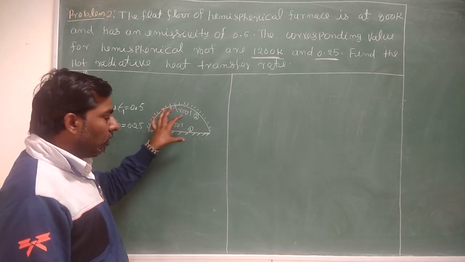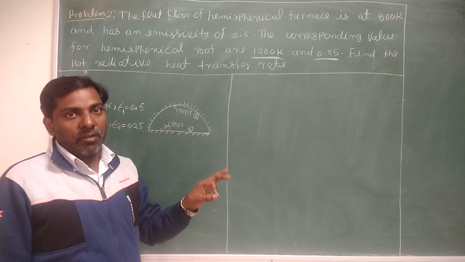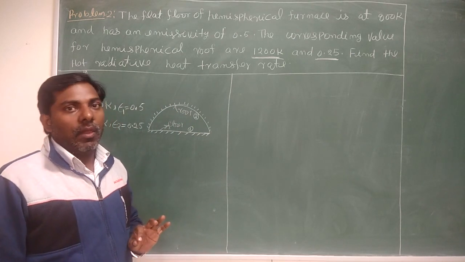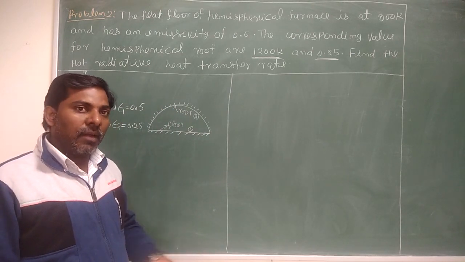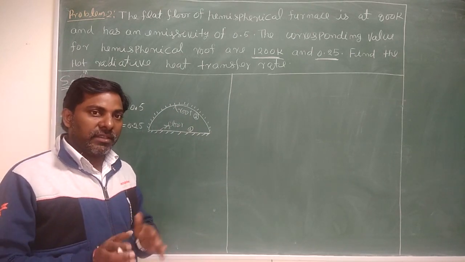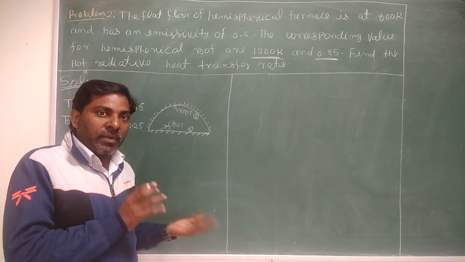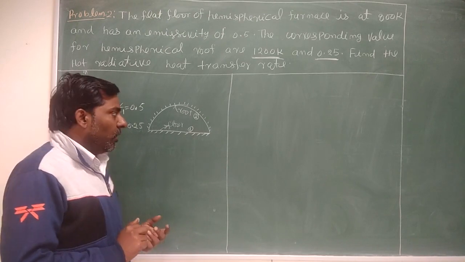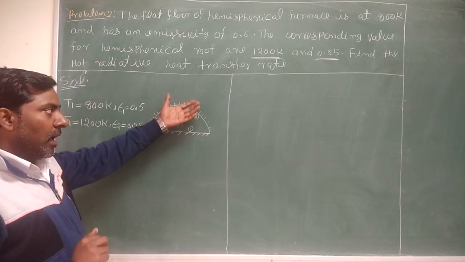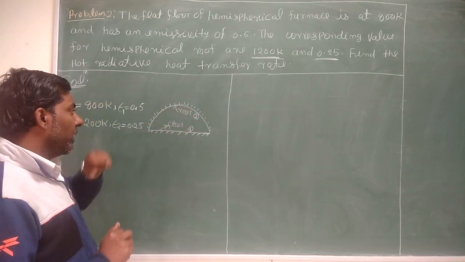From the electrical analogy approach, the heat transfer rate can be found for any number of bodies of any kind. So I am going to follow the electrical analogy to solve this numerical.